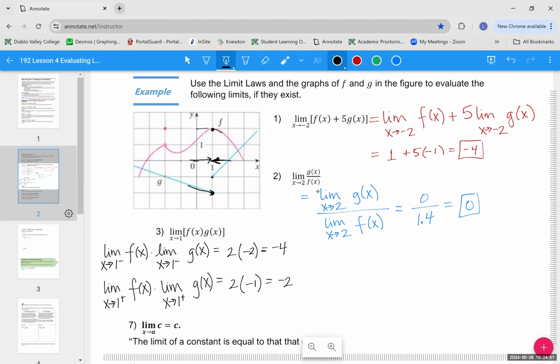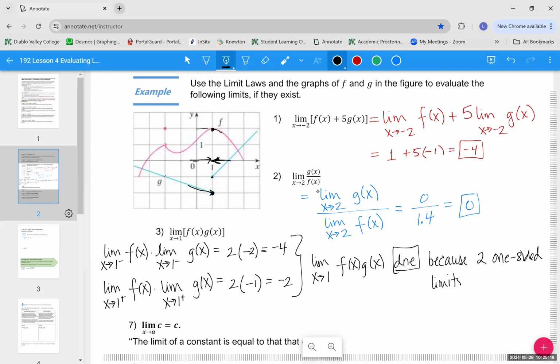So the product of those two limits, as I approach 1 from the right, is -2, and you can see that the limit as x approaches 1, the two-sided limit of f of x times g of x, does not exist, and that's because the two one-sided limits are not equal.